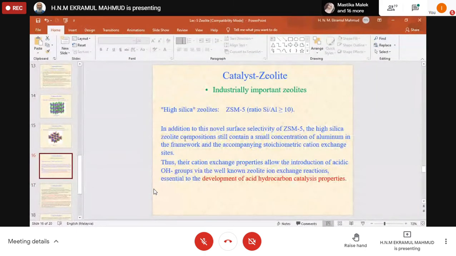In addition to this novel surface selectivity of ZSM5, the high silica zeolite compositions still contain a small concentration of aluminium in the framework and the accompanying stoichiometric cation exchange sites. So these are the properties coming from the silica alumina ratio.